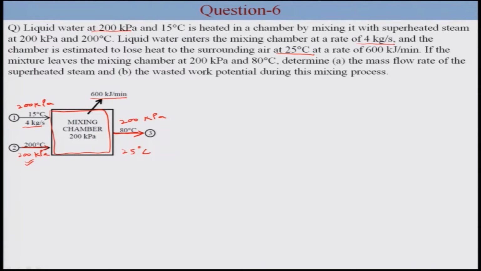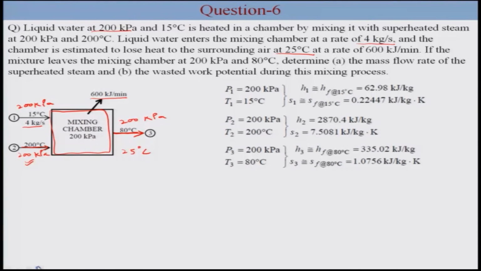So for the first stream, if we see from the table, this is a compressed liquid. So we can approximate this compressed liquid from the properties of the liquid at its temperature, that is 15 degrees Celsius. So enthalpy at state 1, H1, is hf at 15 degrees Celsius, which is 62.98.